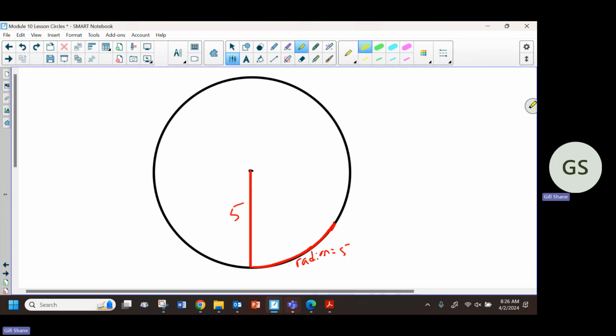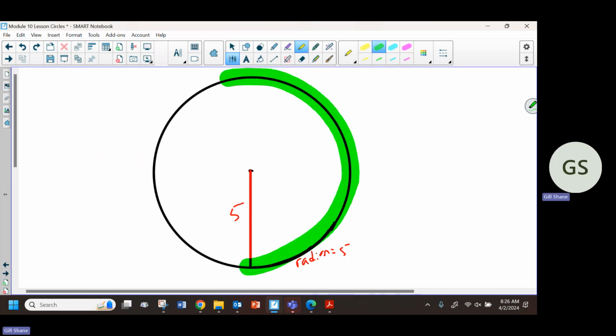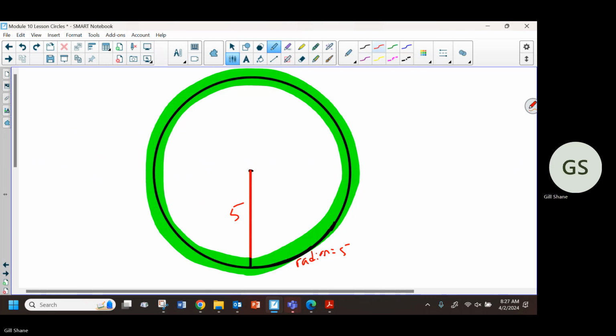Let's use green. If I go all the way around, it would always equal 2 times pi.